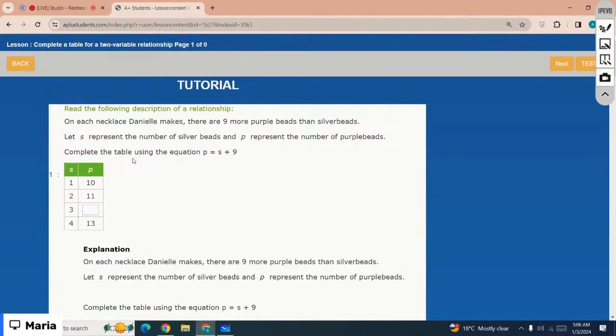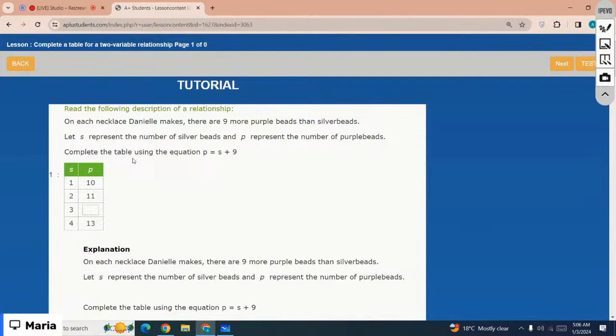Read the following description of a relationship. On each necklace Daniel makes, there are 9 more purple beads than the silver beads. Let S represent the number of silver beads and P represent the number of purple beads. Complete the table using the equation P equals S plus 9.